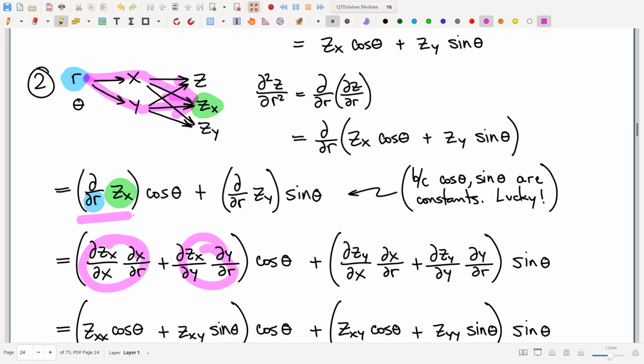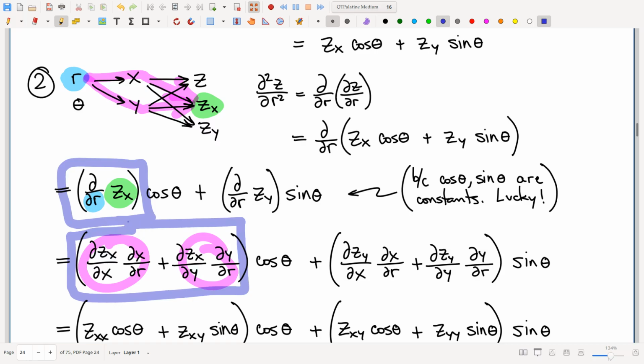And altogether, this partial, the chain rule, allows me to rewrite this partial, looking at the paths, looking at the intermediate variables, like corresponding terms. Here's what the chain rule says that thing is. Problem solved.